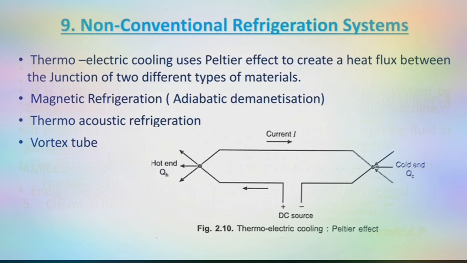Another method is thermoacoustic refrigeration. In this method, sound waves are used to pressurize a gas and drive the heat exchange. The vortex tube refrigeration system I already discussed in previous videos, but I will tell you a little bit.